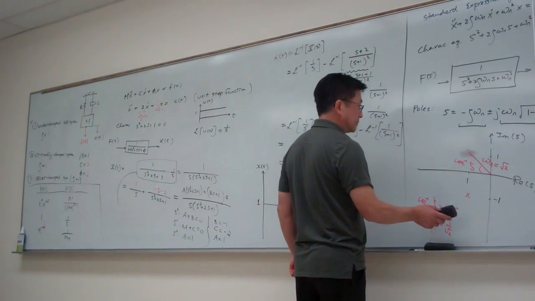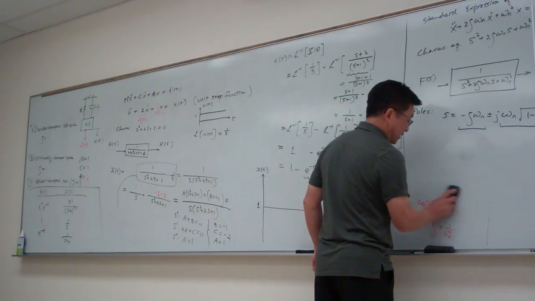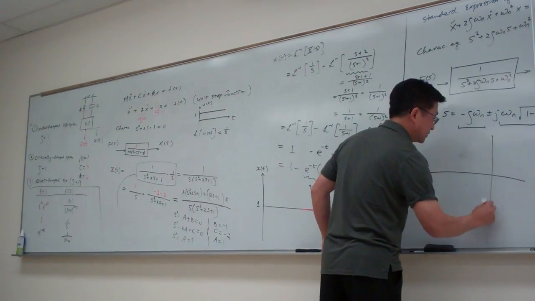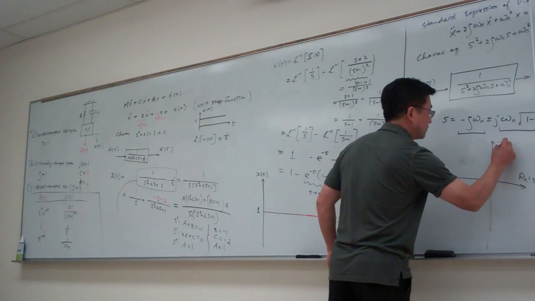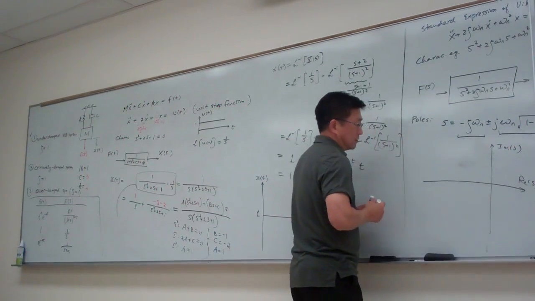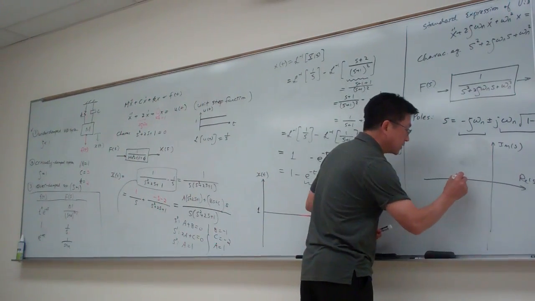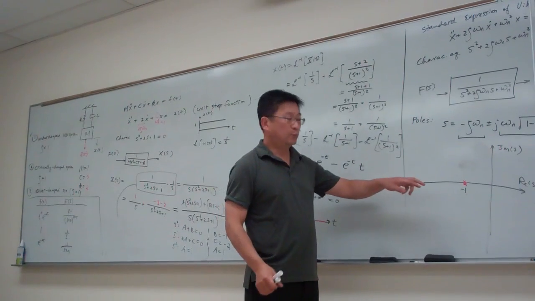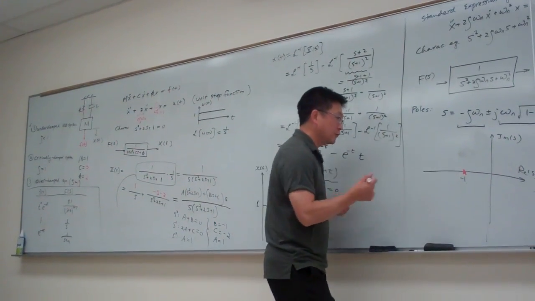That zeta can't be 1 over square root 2, can it? My mistake, because you're not going to have imaginary numbers. The value here is -1. We have repeated poles at -1, and the damping ratio should be equal to 1.